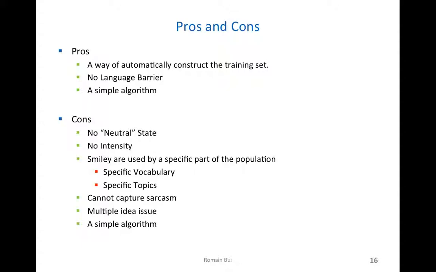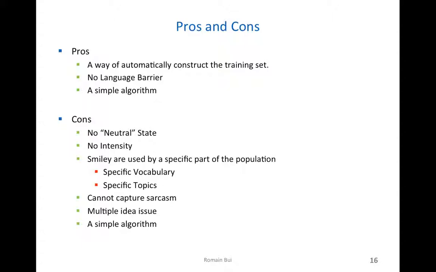It cannot capture sarcasm. That's an issue that you have with this methodology of the training set, but that's not an issue in general in sentiment analysis. The sarcasm is very hard to get. Multiple ID issue. If you have something like, hey, my Harvard is better than Berkeley, with a happy face.